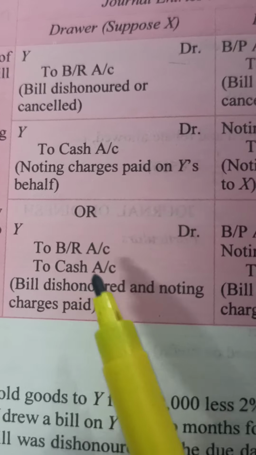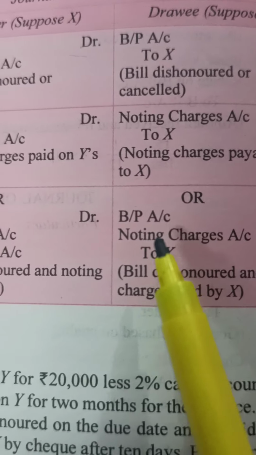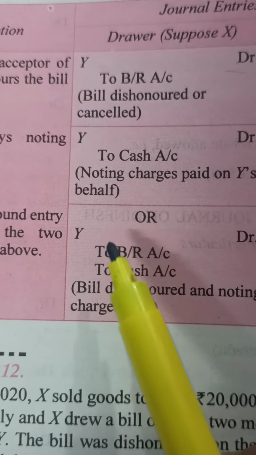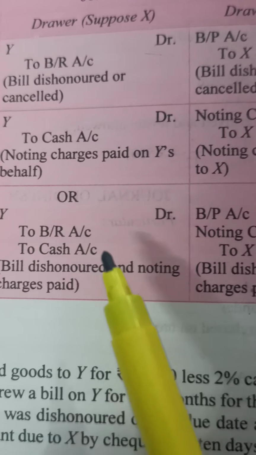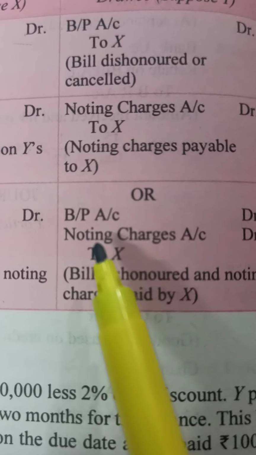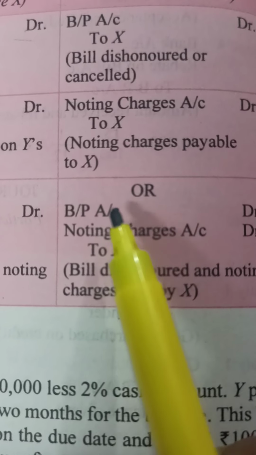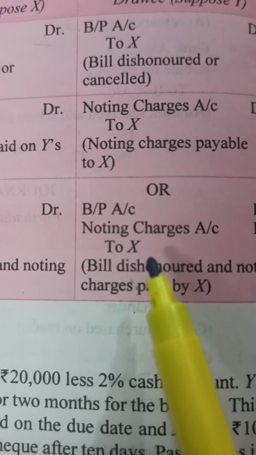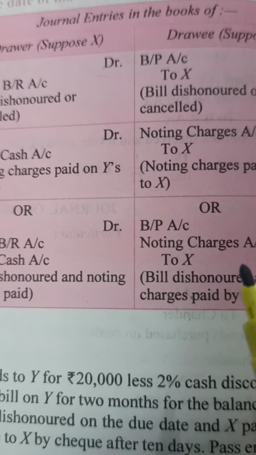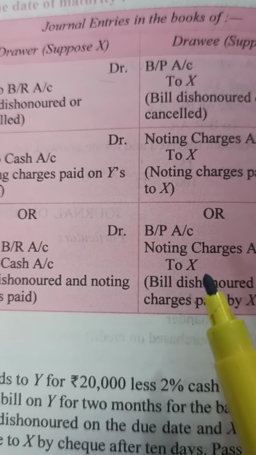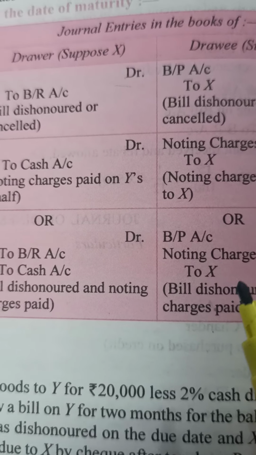Here it is called cash and here it will be called noting charges. So initially paid by the drawer, Y to BR to cash. It is the same noting charges, but it will be called noting charges in the books of the drawee. Bills payable, noting charges to X. I hope the entry is clear. Now we'll proceed to the accounting treatment in the question. Please switch on to the next video for this.